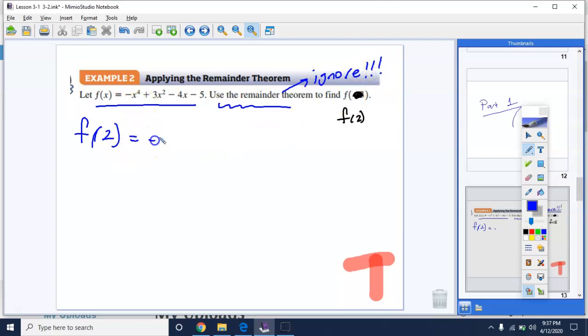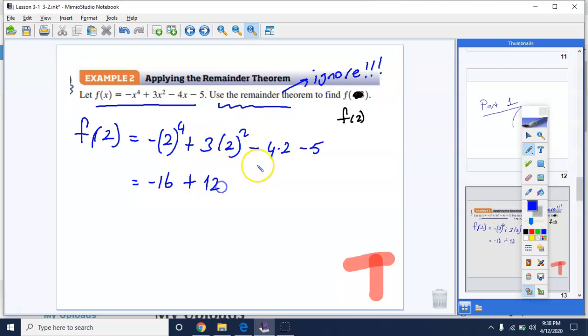Let's plug in that 2 to the 4th power, 3 times 2 squared. So 2 to the 4th power is 16, and it's going to be negative 16. This is 4, so it's going to be 12. This is going to be 8 minus 5.